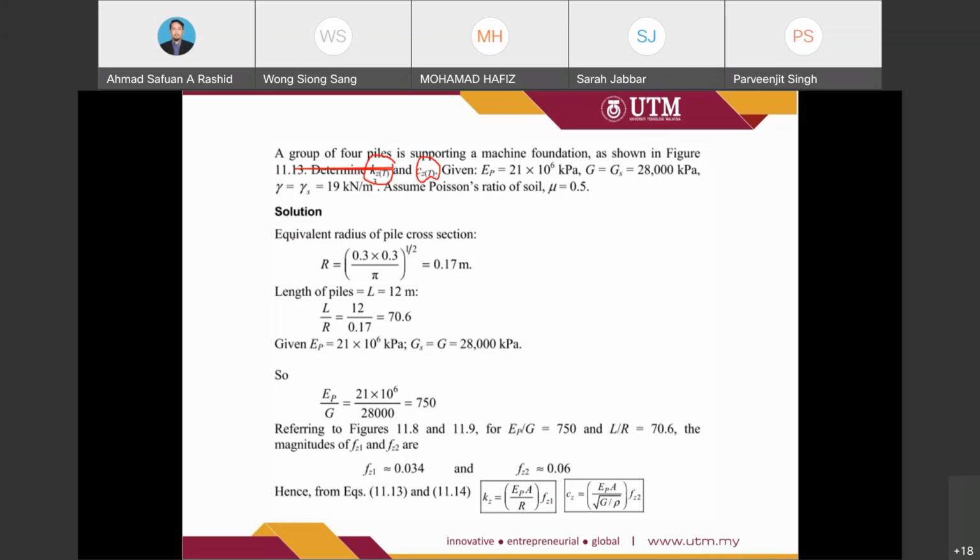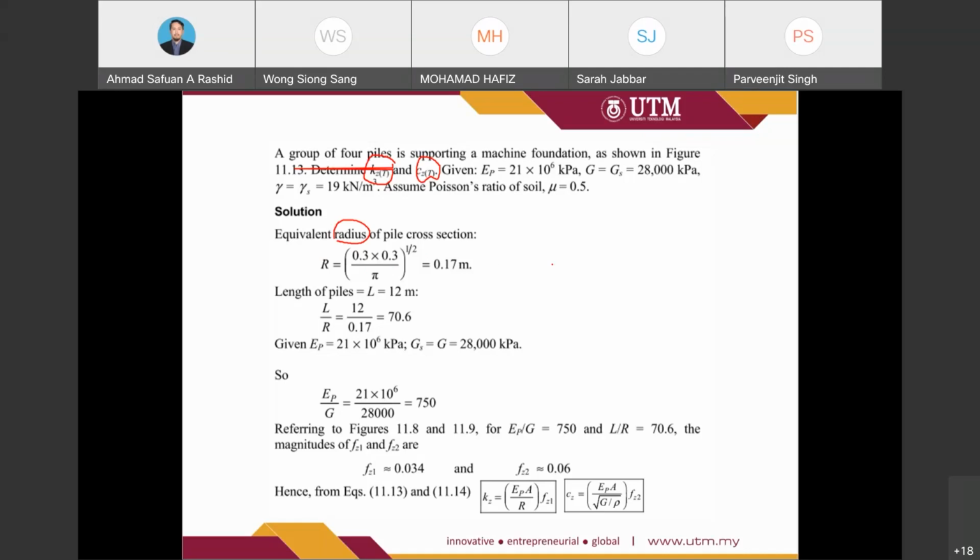So first we work with the equivalent radius. Although the pile is square, we need to find the radius of the pile because we want to use R. So R is equal to 0.3 times 0.3 over pi, power by half, or square root, which is equivalent to 0.17.